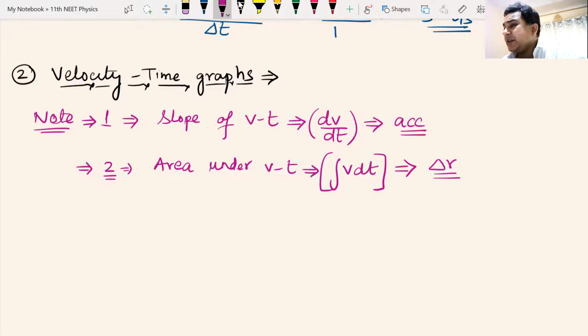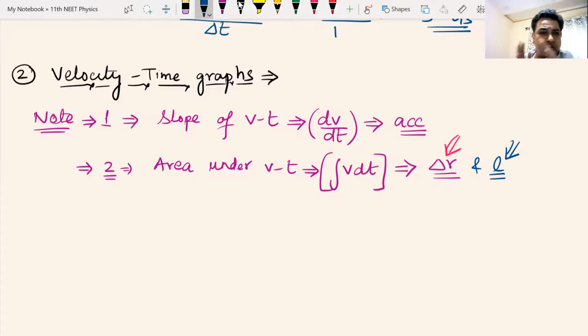So if I find the area under the velocity time graph, it will give me displacement. It can also give me the distance traveled. Once we draw a graph for velocity time, we'll understand how we get displacement and how we get distance.